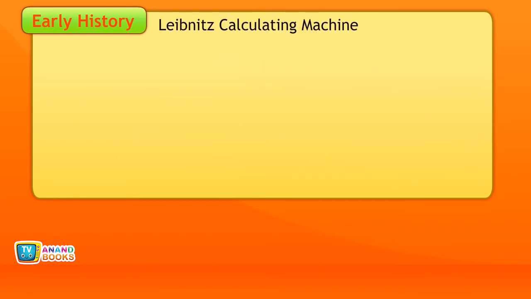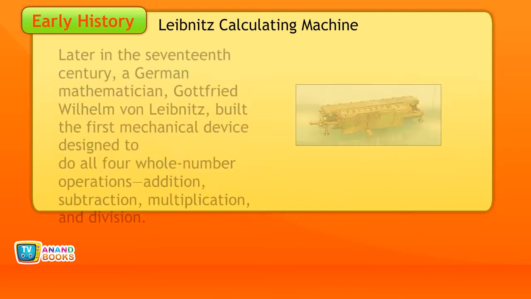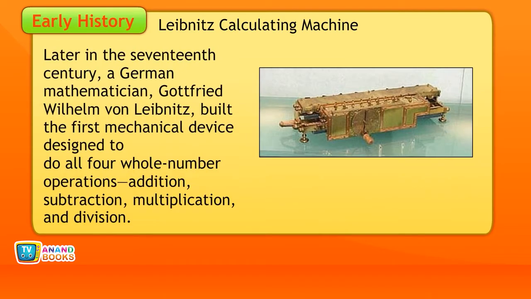Leibniz's calculating machine. Later in the 17th century, a German mathematician, Gottfried Wilhelm von Leibniz, built the first mechanical device designed to do all four whole number operations: addition, subtraction, multiplication, and division.